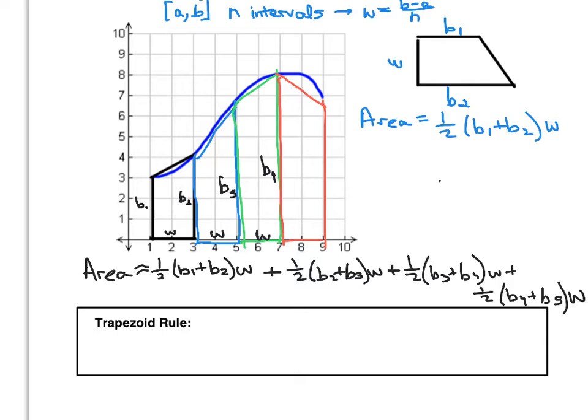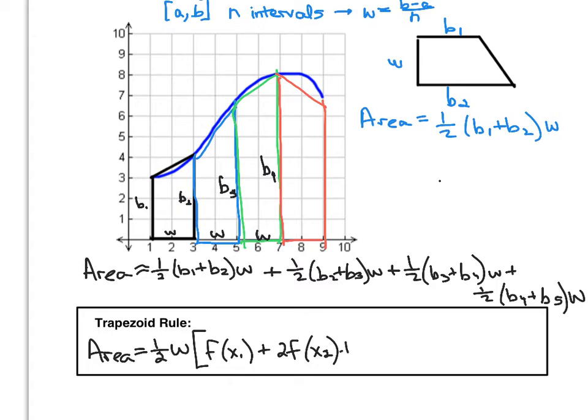So I'm going to write then as my trapezoid rule that the area is equal to, I'm going to pull the 1/2 w out in front of the whole thing. And then you'll notice that because I've got base 1, that's the function value at x1. But then base 2 would be the function value at x2, but I'm using that one twice. So I want 2 f of x2.